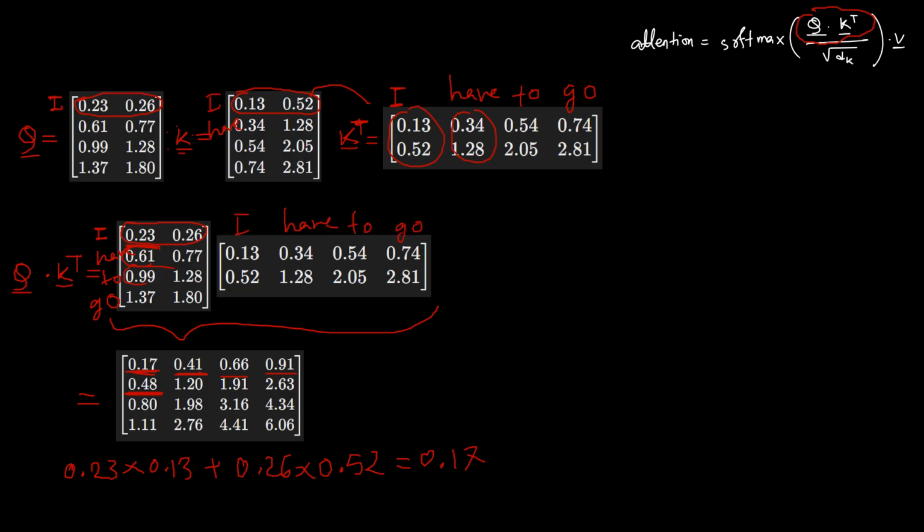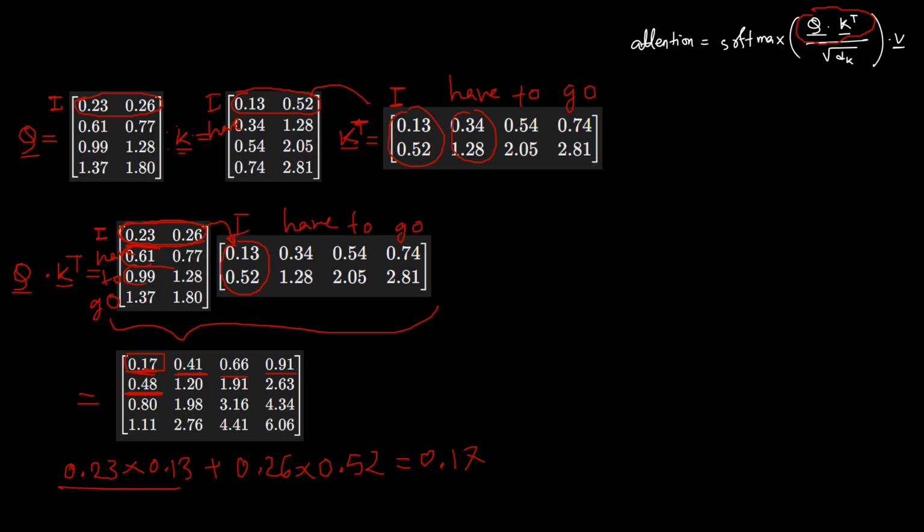Now, when we're finding this first element here, 0.17, what we did was we multiplied the first row of the query matrix with the first column of the key matrix. Now, if you remember this from your linear algebra class, matrix multiplication is basically a dot product.